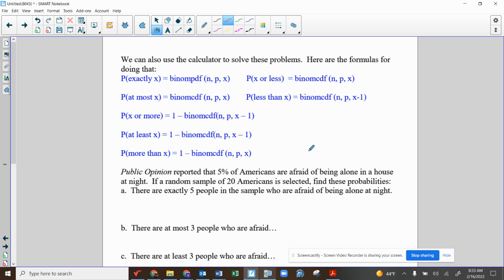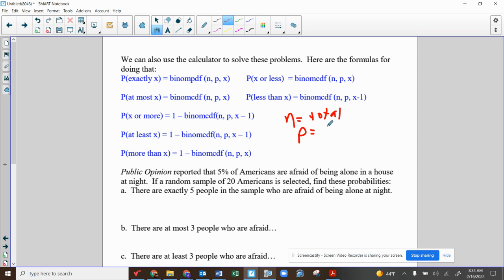So PDF does one number and CDF does a group of numbers, essentially. So what you have to do is just match it up, and then the N, the P, and the X are the same thing that they were in the previous. I guess we used R in that one. R and X mean the same thing. So N is the total number.